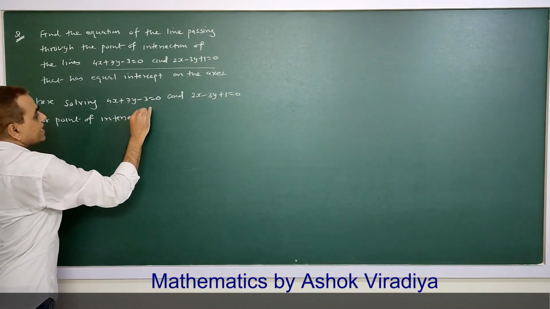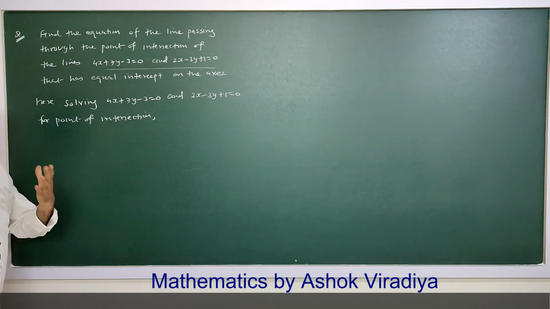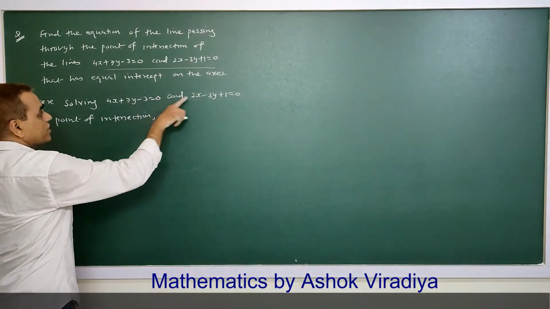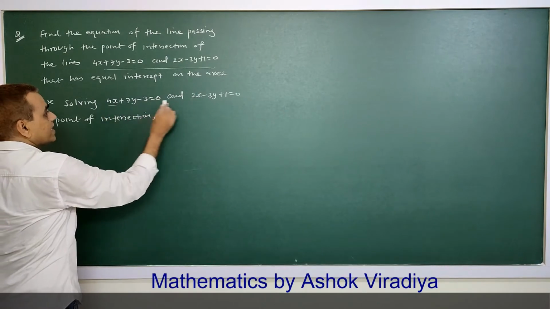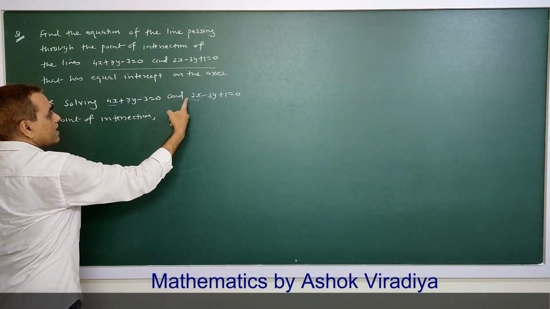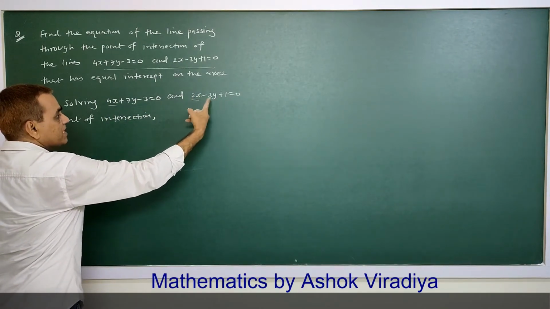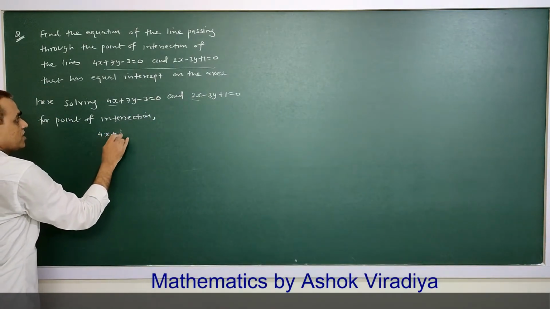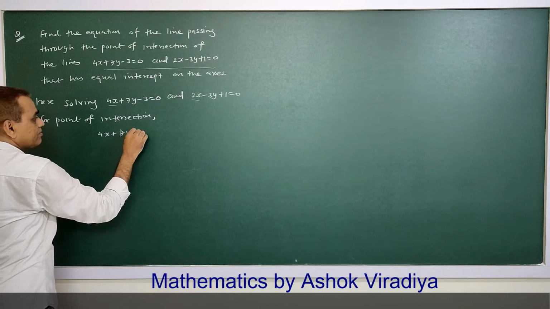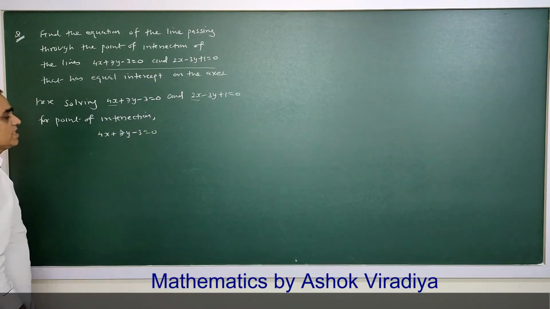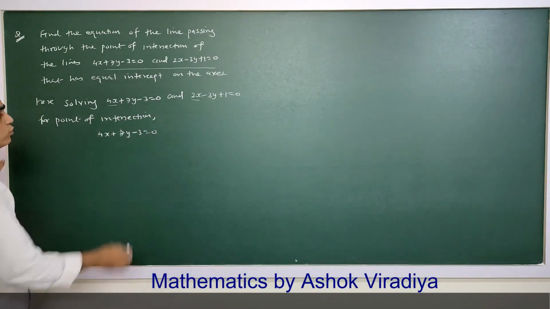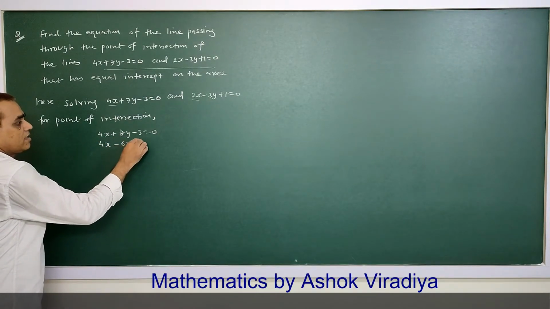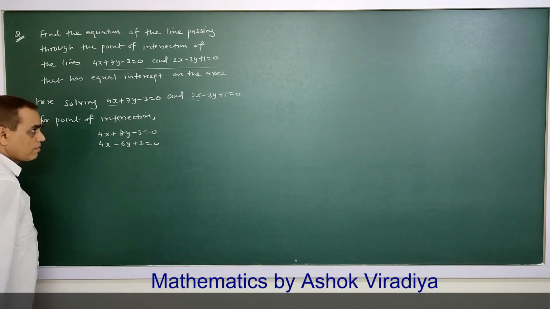Whenever we solve any two equations, we get point of intersection. So to solve this, look at coefficients. This is 4x, this is 2x. So better, second equation we multiply by 2. So 4x, first equation I keep as it is. Second equation multiplying by 2, 4x minus 6y plus 2 equal to 0.